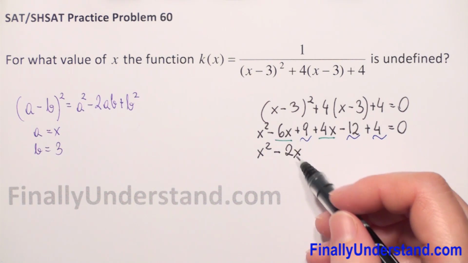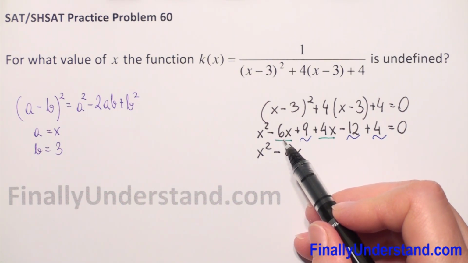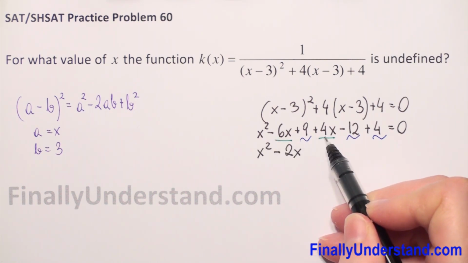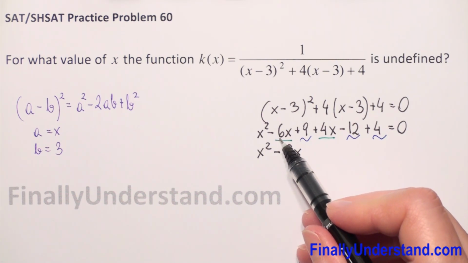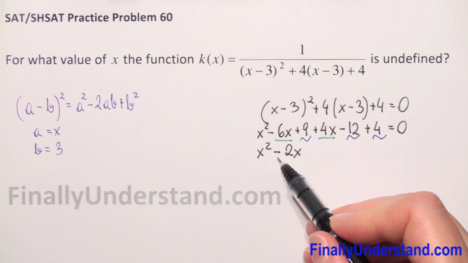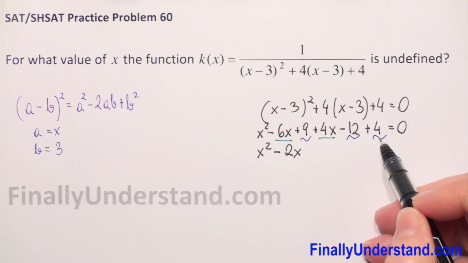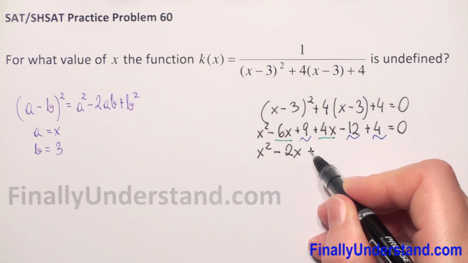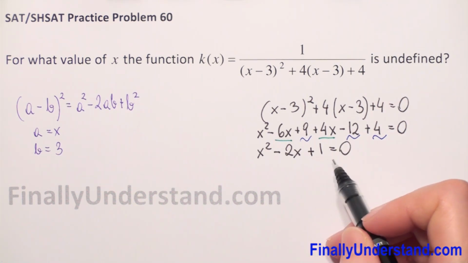We have to always copy variable and subtract from greater number, smaller number when we have different sign. 6 minus 4 is 2, and copy the sign of the larger number. So we have negative 6, so 6 is greater than 4, that's why we have negative sign. And what we have, 9 plus 4 is 13, minus 12 is 1. This is equal 0. We have x squared minus 2x plus 1 equals 0.